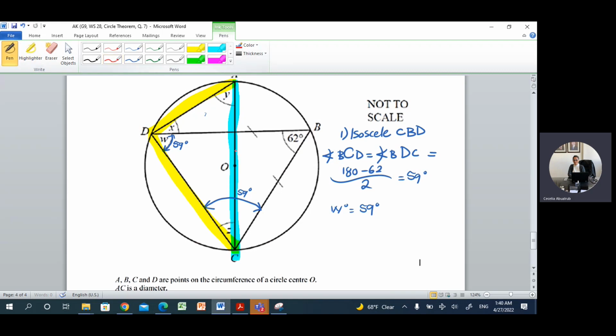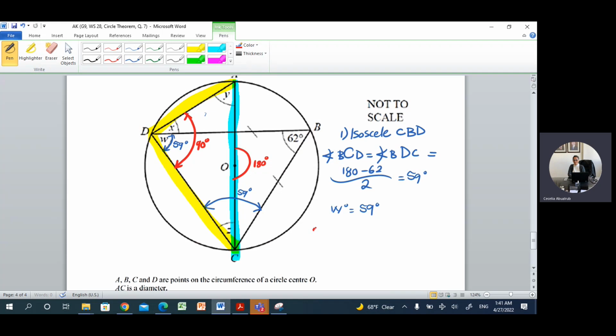So if this angle at the center is 180 degrees, then this angle here is half of it, which is 90 degrees. Or I can think of ADC as an angle that is opposite to the diameter AC, and any angle that is at the circumference and opposite to the diameter is always equal to 90.